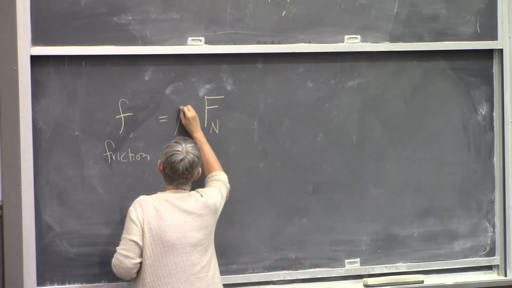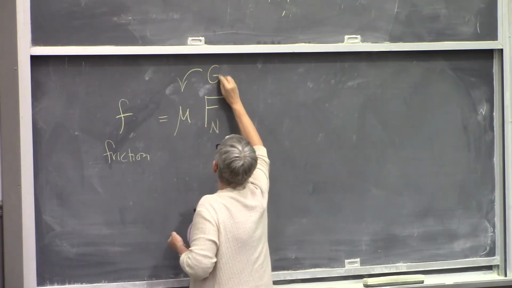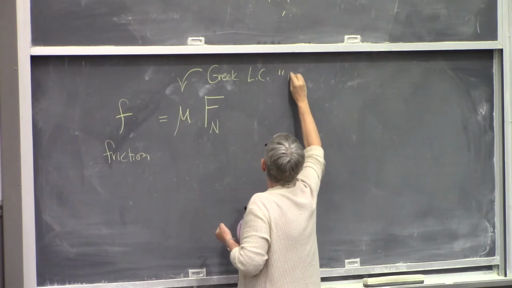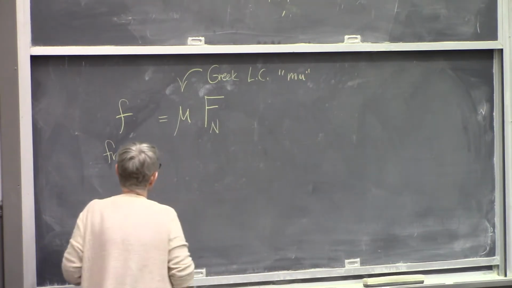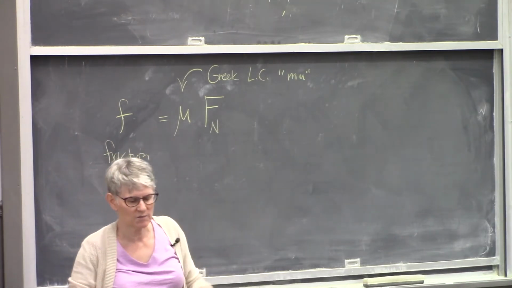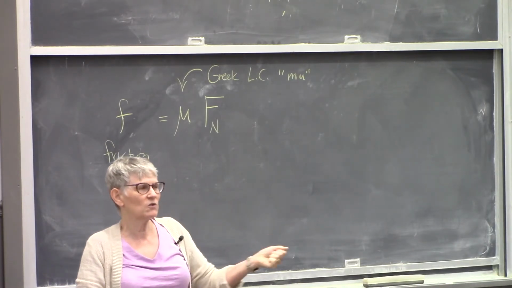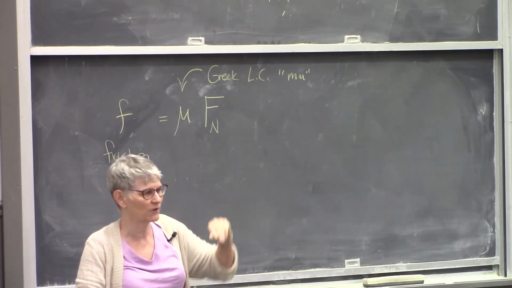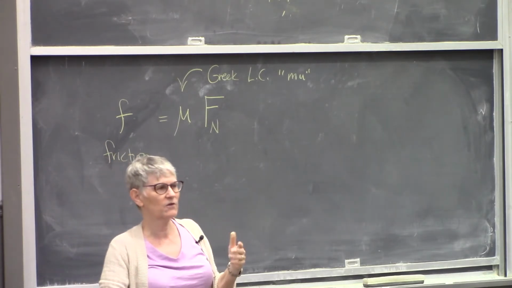And this is the Greek lowercase mu. And this is a very empirical number. People just measure it. Now, it really is related to Young's modulus in the sense that the softer the table, the farther down the block is going to sink, and so the bigger the friction is going to be.